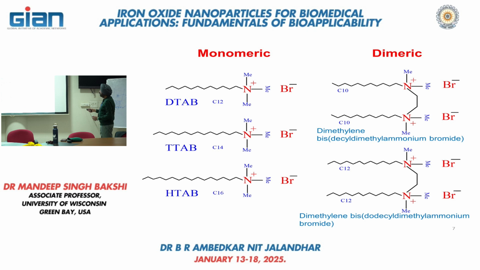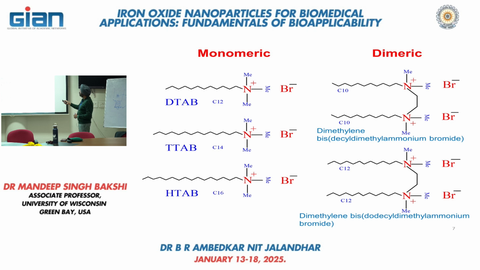But here you might be remembering the nomenclature. When we have two identical functional groups, we use bis. So dimethylene means it is the spacer, it is referring to the spacer. Di means there are two methylene functional groups connecting to bis. This means the two identical, you see, the two identical decyl dimethyl.